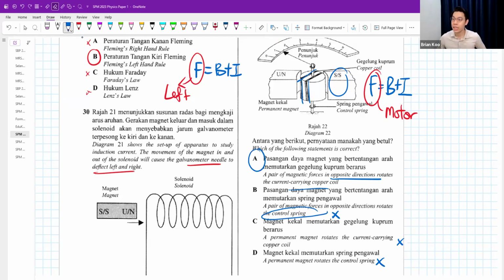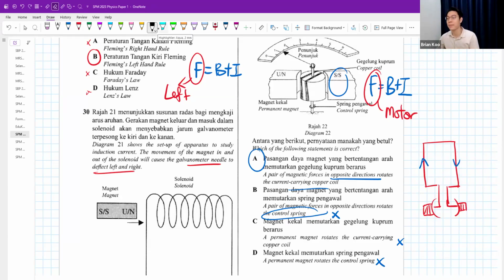How come opposite direction? It's because you think like this. Normally, a simple motor looks like this. When the coil wants to rotate in the center, there's going to be one force, because current goes in one side and comes out the other side, so there's one force pointing up and one force pointing down, let's say.